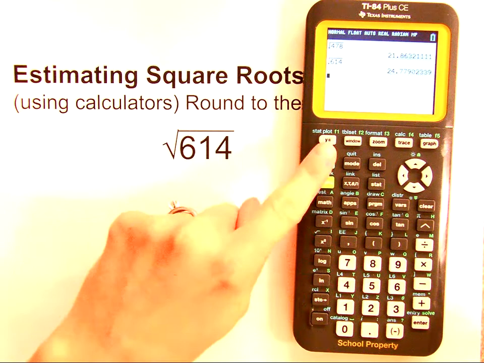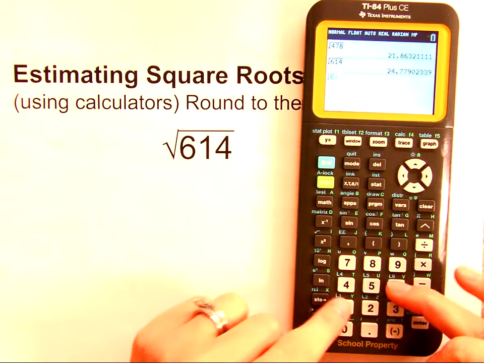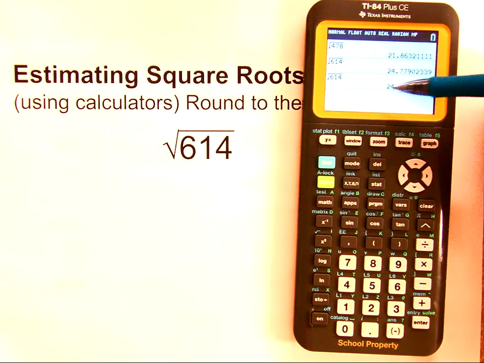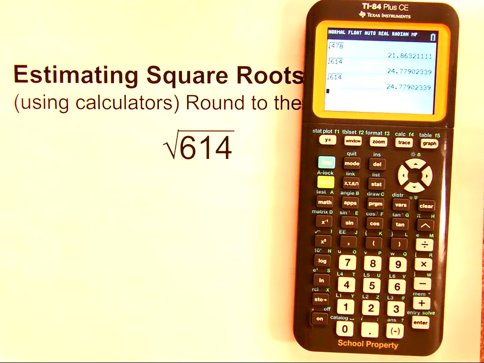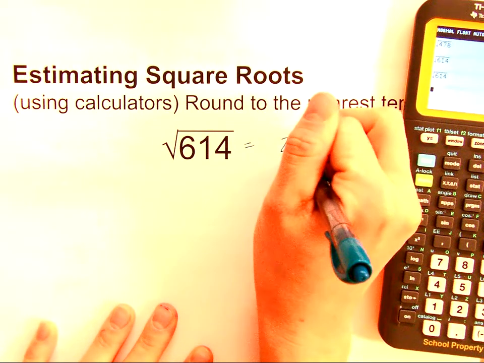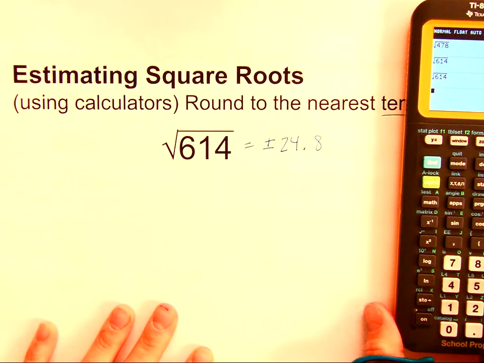I'm going to take the second button, hit that square root key, and type in 614. Either way, I'm going to get the same answer, and now I need to round. So I'm looking at that second decimal place. It is above a 5, which means I need to round my tens place up to get 24.8, and again I have a positive or negative 24.8.